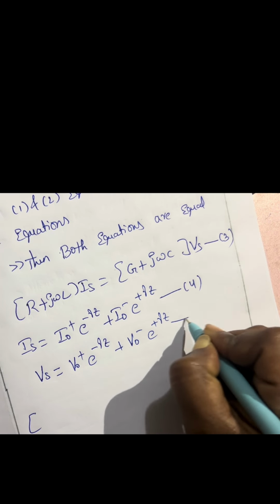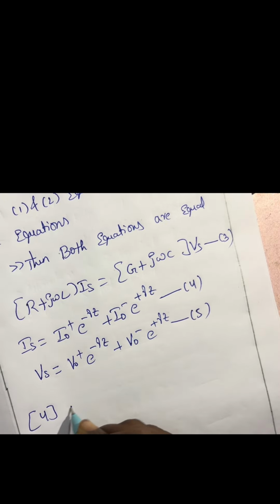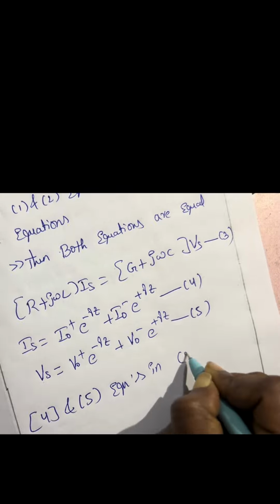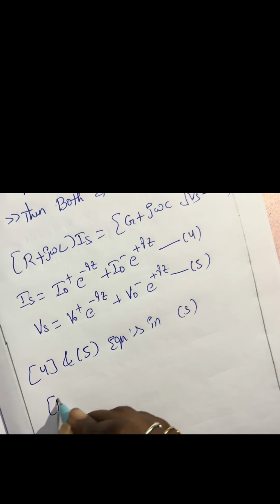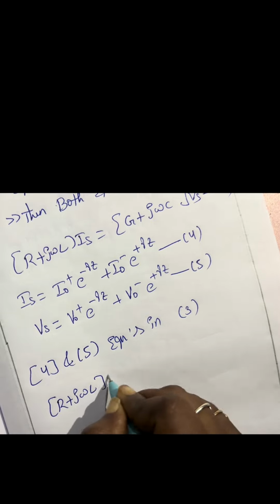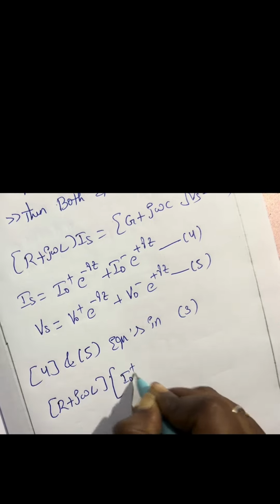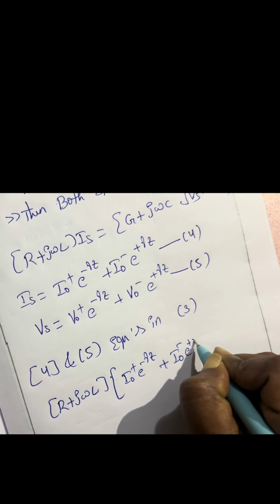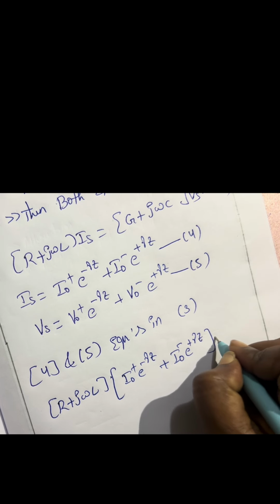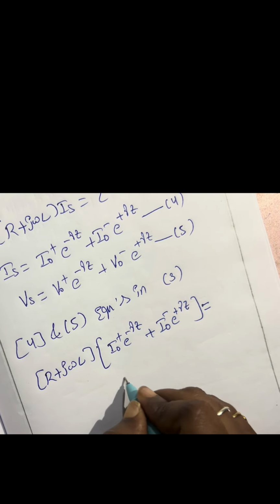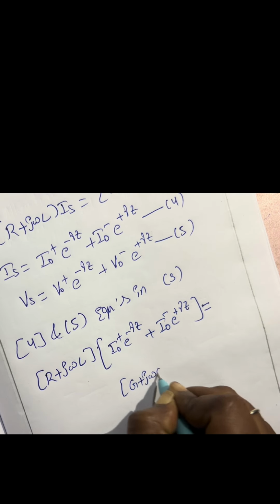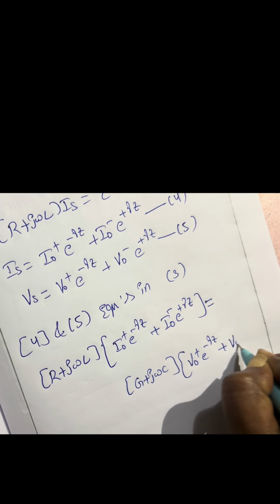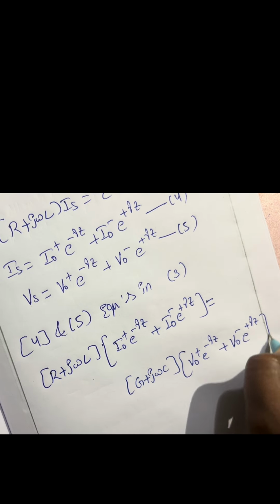Then these values are substituted in equation 3, using equations 4 and 5. Then R plus j omega L into I naught plus e power of minus gamma z plus I naught minus e power of plus gamma z equals G plus j omega C into V naught plus e power of minus gamma z plus V naught minus e power of plus gamma z.